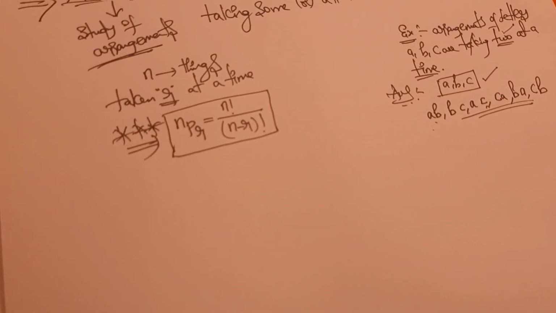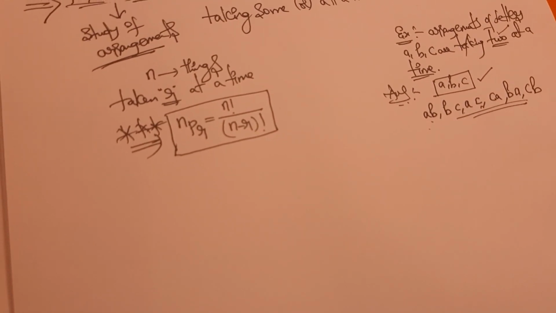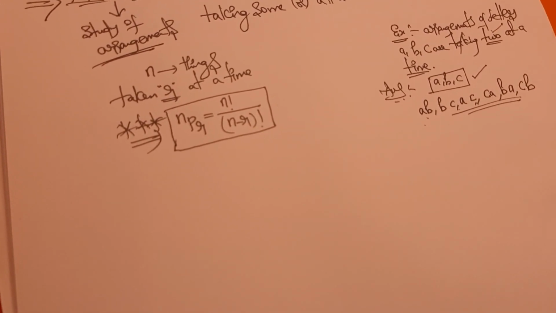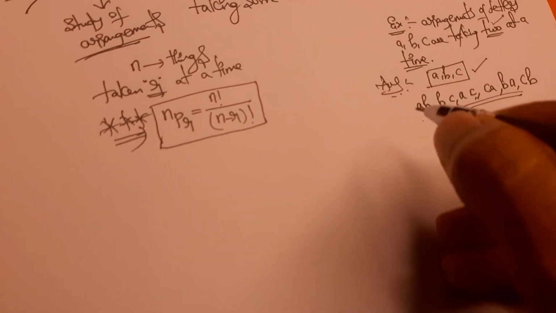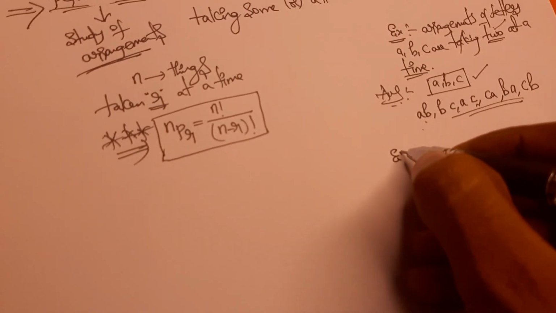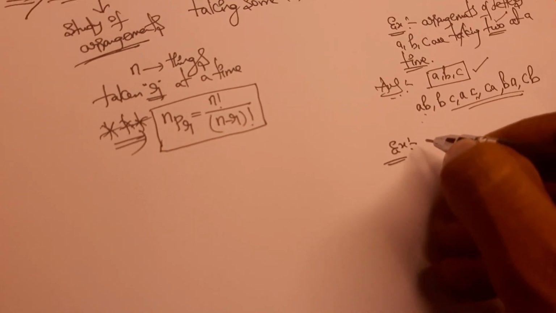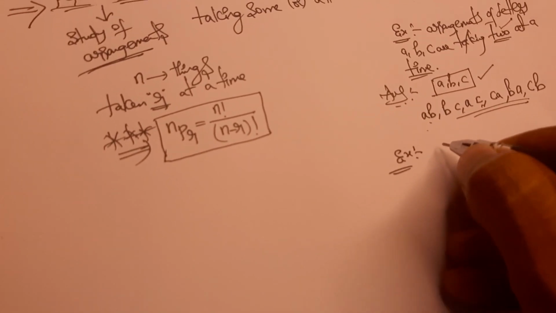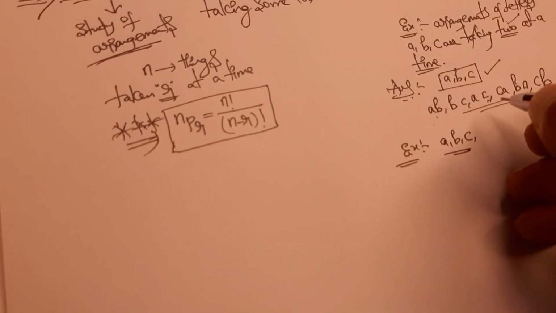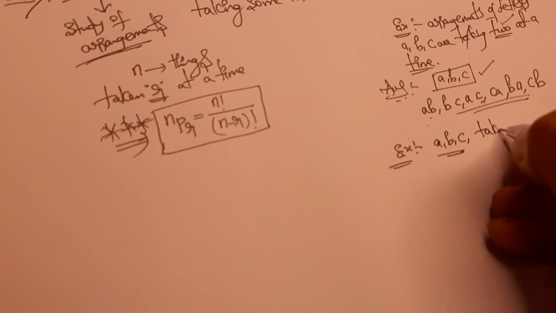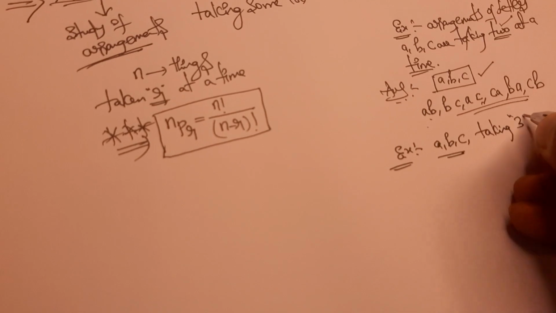Similarly, if you take 3 at a time, how many possibilities will we get? Suppose we take arrangements of A, B, C taking 3 at a time.